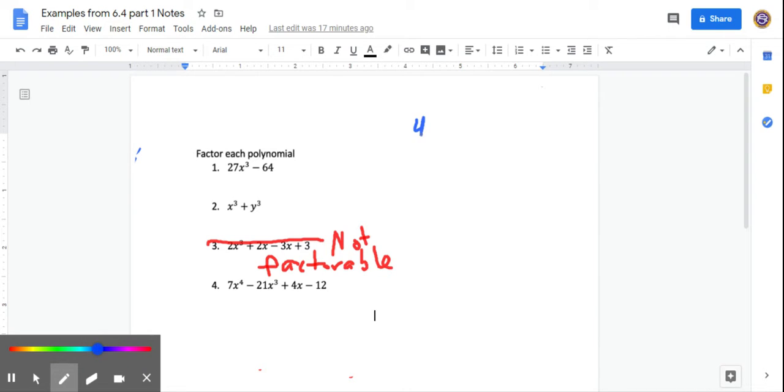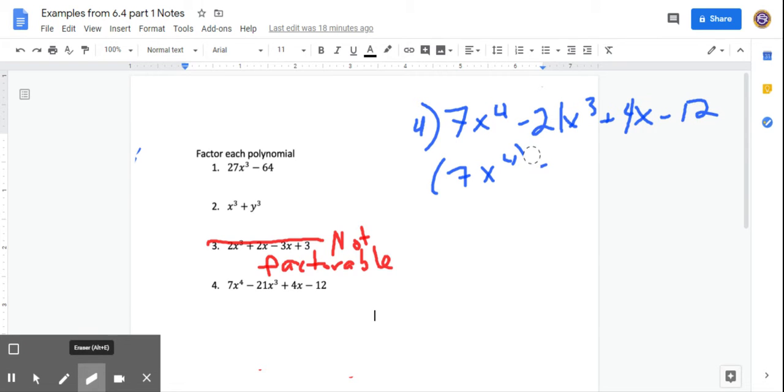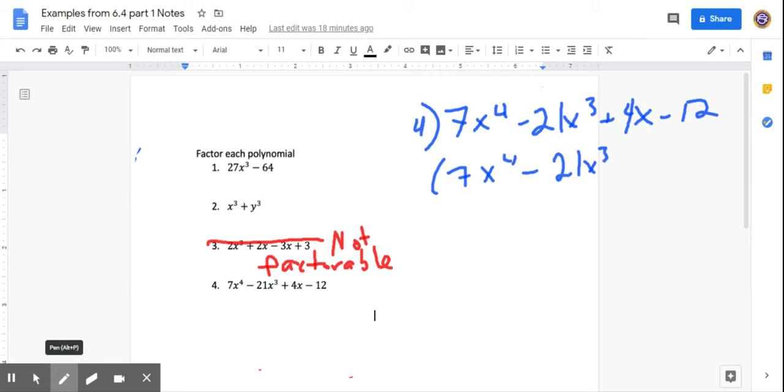So number 4, we have 7x to the 4th minus 21x cubed plus 4x minus 12. So first step is we need to group the first two terms and the last two terms.